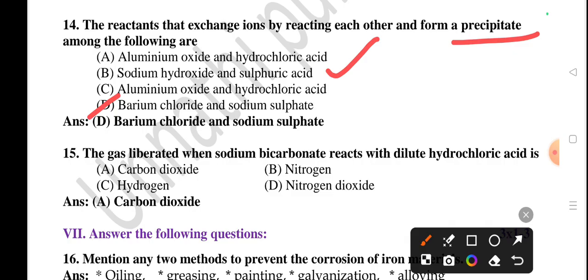So option D, barium chloride and sodium sulfate, is the right answer. Whenever barium chloride reacts with sodium sulfate, it produces barium sulfate and sodium chloride. Sodium chloride is soluble in water, but barium sulfate is the precipitate.